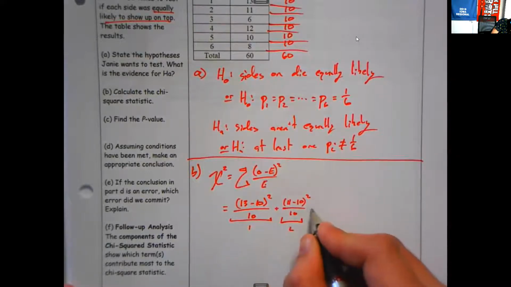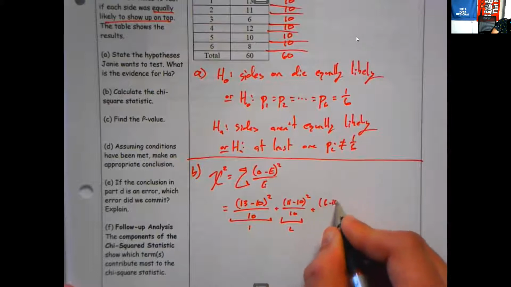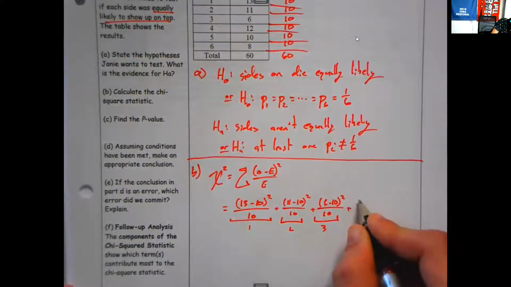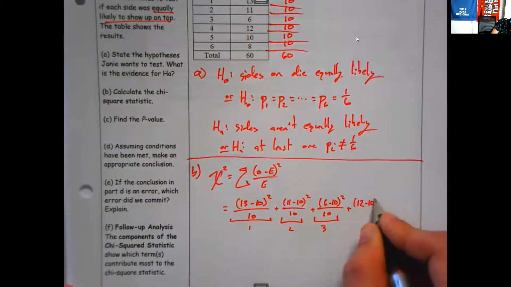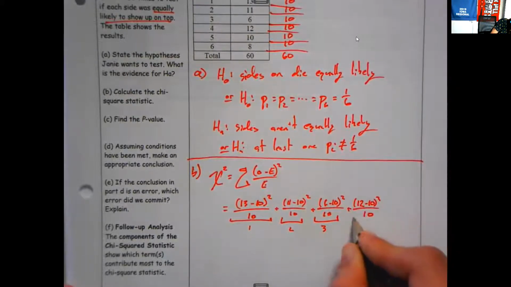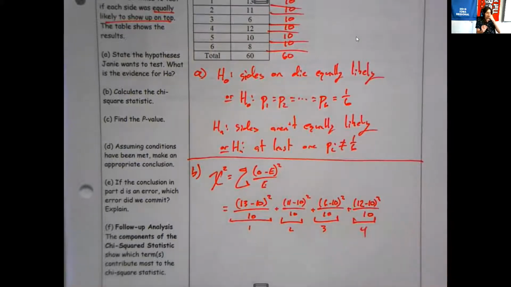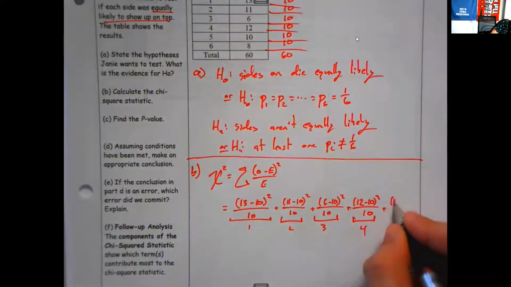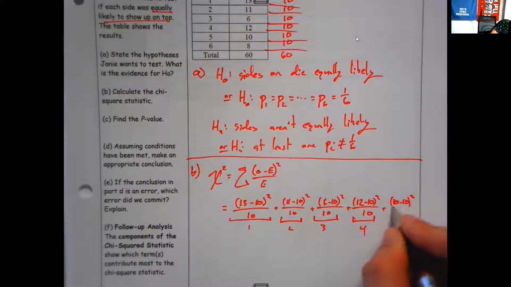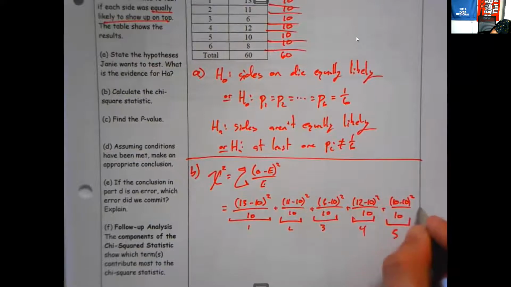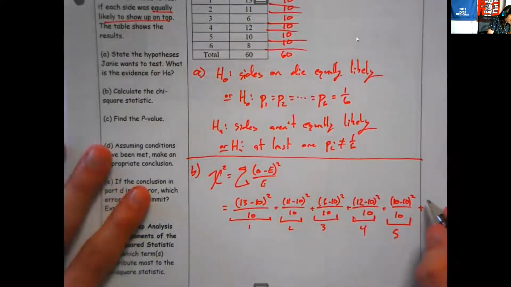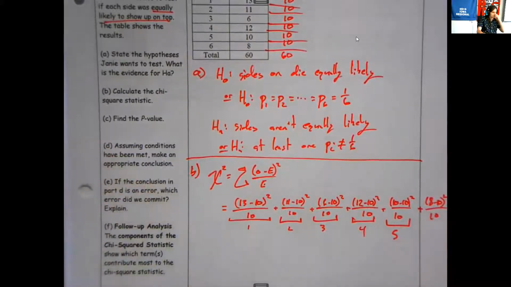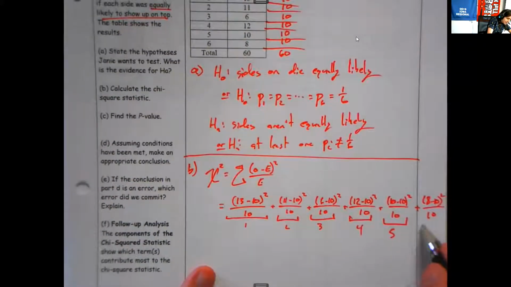That's for 2. We have 6 minus 10 squared over 10. That's for 3. We have 12 minus 10 squared over 10. That's for 4. You can keep doing this. 10 minus 10 squared over 10 for 5. That gives you no contribution. And for 6, it's going to be 8 minus 10 squared over 10. Cool beans. All right, so that's our chi-square statistic.